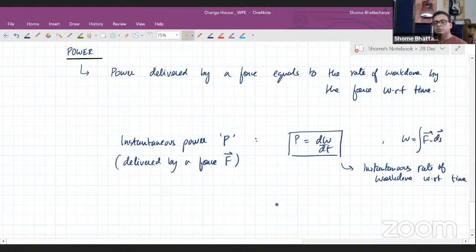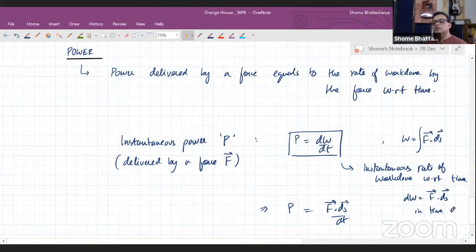Okay, so in this formula you can see that this becomes F dot ds by dt, because in a small time dt the work done is F dot ds in time dt. So the power which is dW by dt can also be defined like this.